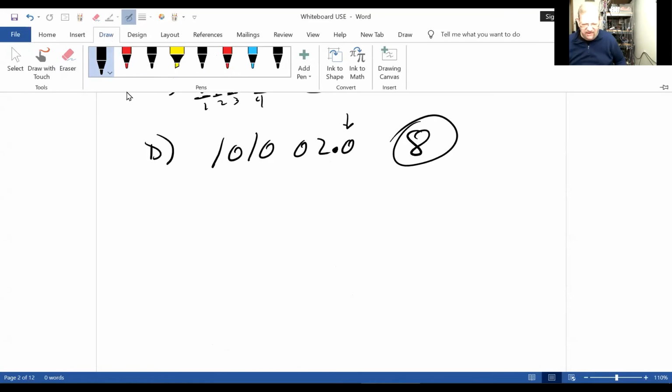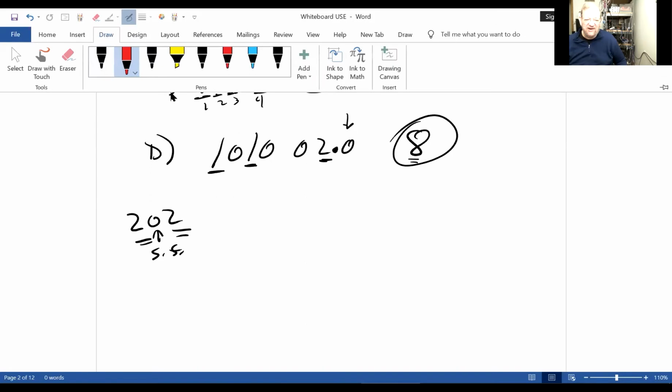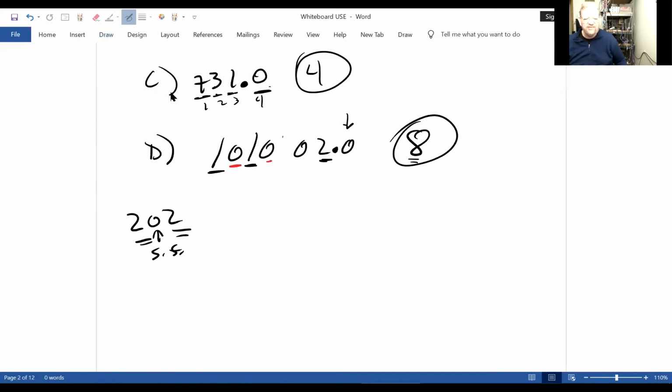All right, let's look at D. How do we determine it had 8 significant figures? All non-zero numbers are significant, which is this one, this one, and this 2. Now, zeros may or may not be significant. When 0 is between 2 non-zero numbers, this is a significant figure. Therefore, I'm going to go Technicolor on you. This 0, oops, there should be a 1 there.